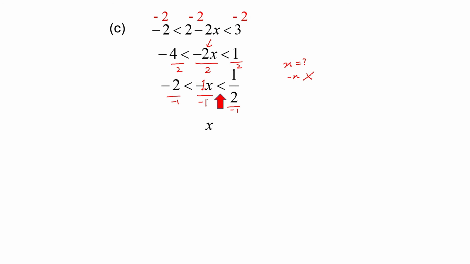But remember, when you multiply with negative 1 on the right side or on the left side, the inequality symbol will flip or change. So instead of being less than, it's going to be greater than negative 1 over 2. And then instead of less than here, it's going to be greater than positive 2.